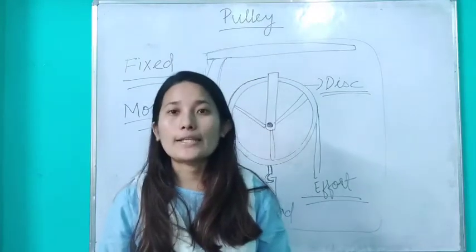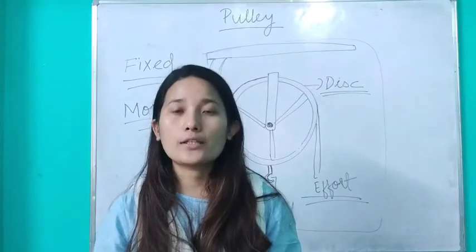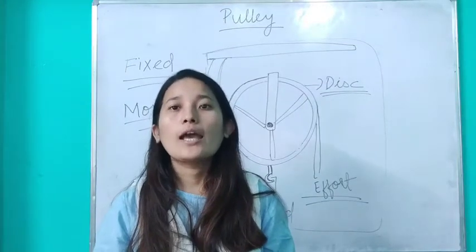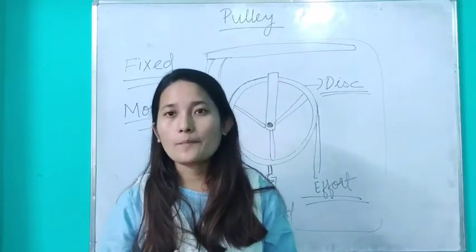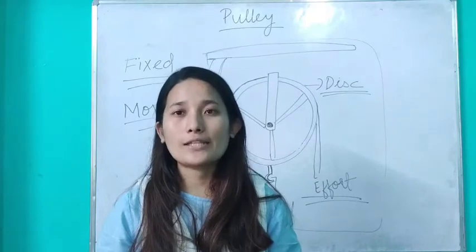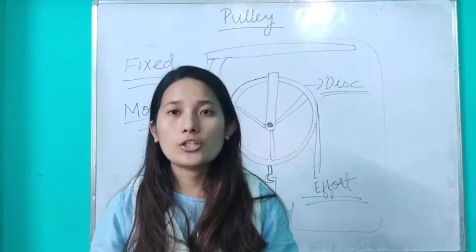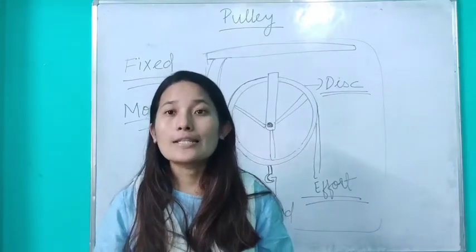You should paint it. Machines are generally painted in order to prevent rusting. Now since parts of the machines are movable all the time, friction will be produced, and that friction might even lead to wear and tear of the machine. So you should lubricate the machine from time to time.